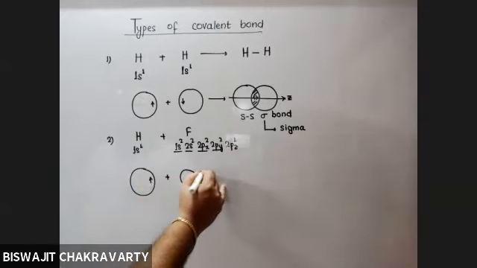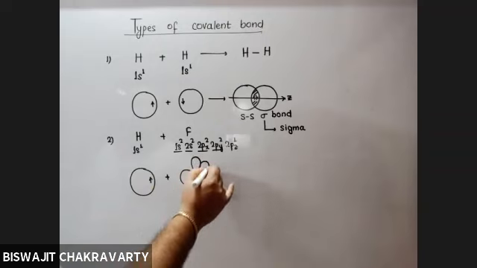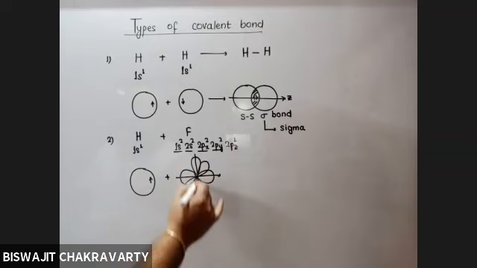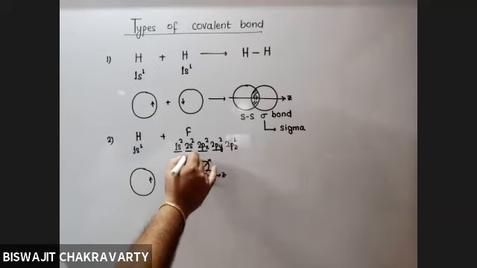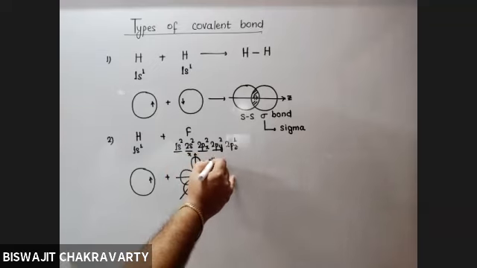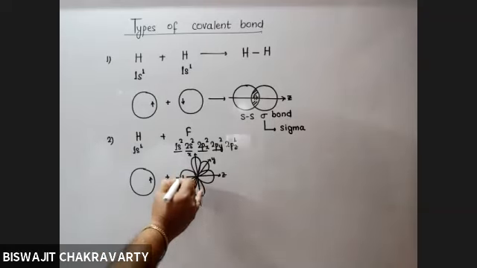Remember, p orbitals are always mutually perpendicular to each other. So let us draw all the three p orbitals. Say this is pz, this is px, this is py. Now pz has got an unpaired electron.